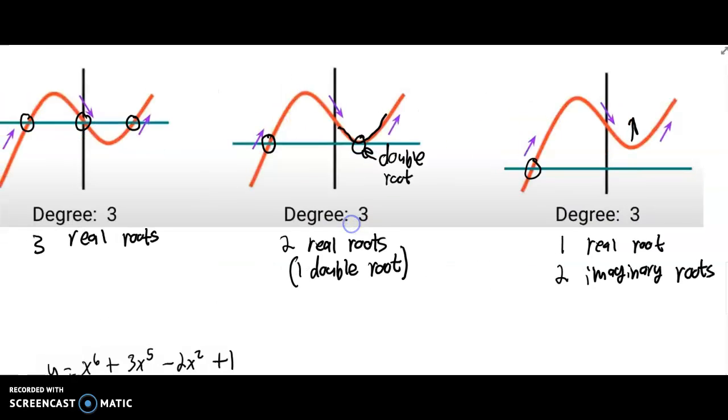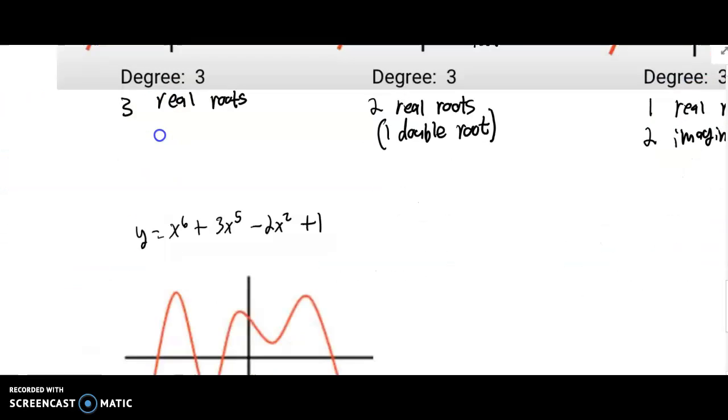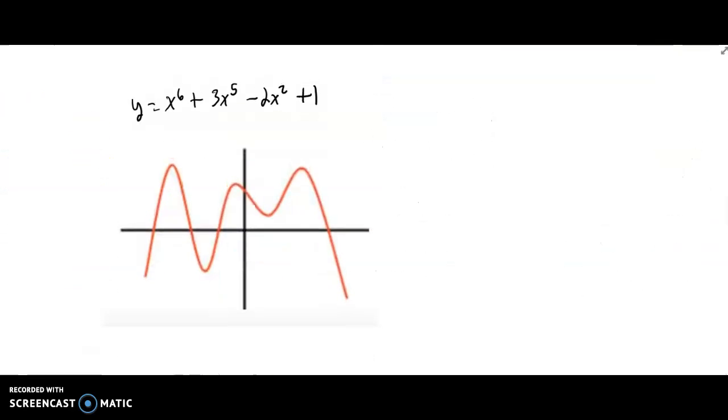Okay, we are going to consider one more slightly complex example. Make sure that you've paused and written the original problem. Okay, it gives us our function. So off the bat, I see my degree is 6. Now let's count the number of real roots.